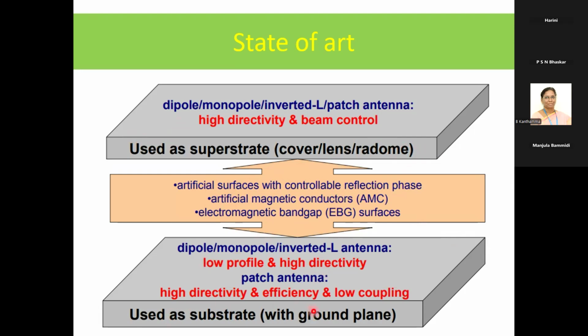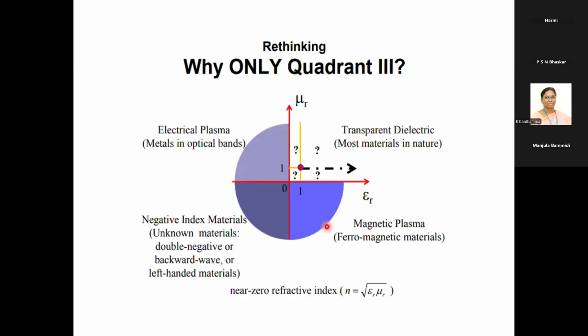And you can also use them as a substrate in the ground plane. So in the substrate and the ground plane, directivity can be improved, low efficiency and low coupling can also be reduced. So there are two possibilities. I can use them as a substrate or ground plane, or you can use them on the patch also.